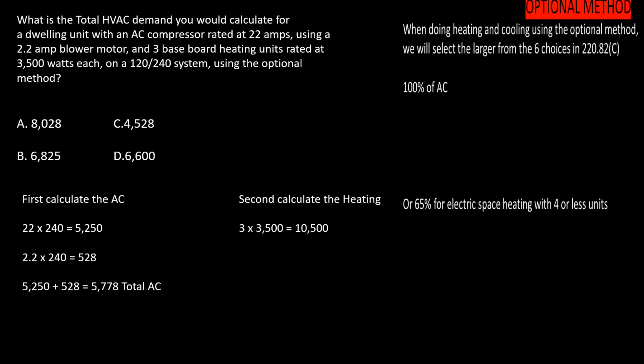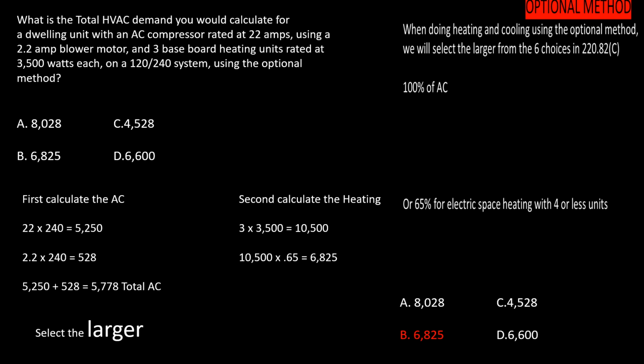That's going to give us 10,500 VAs. Now we're allowed to apply a 65% demand factor to that, and that's going to reduce the load down to 6,825 VAs. You still see that even with this reduced load and such a small number of baseboard heaters, the heat still ends up being a larger load. So we're going to select the larger, and we are going to select B.